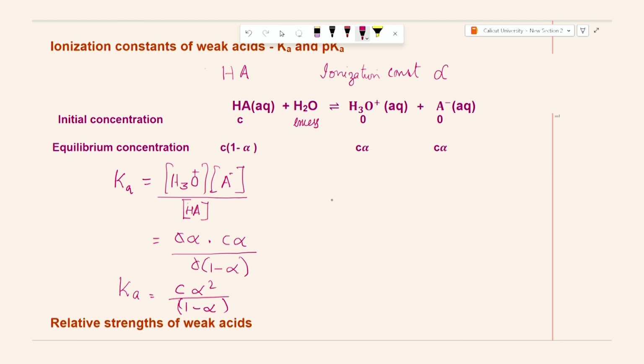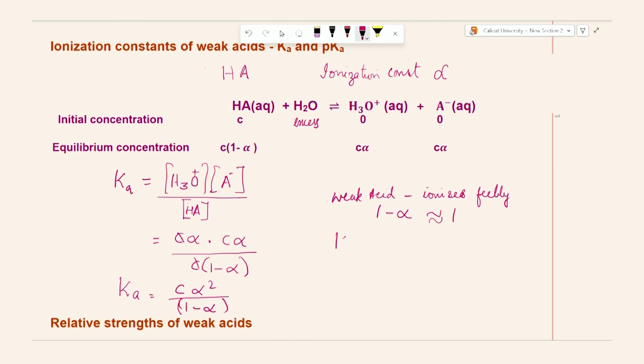Now, we are going for an approximation. Since it is a weak acid, it ionizes feebly, or you can say very little, and therefore alpha will be very small and 1 minus alpha can be approximated to 1 itself.